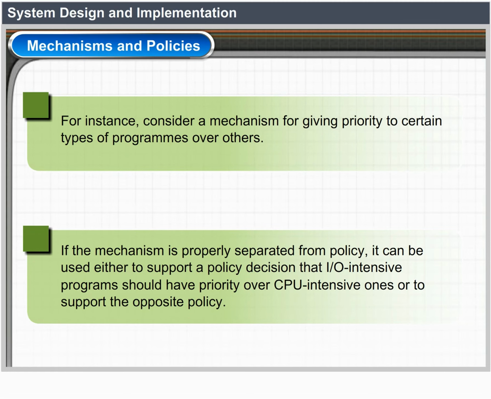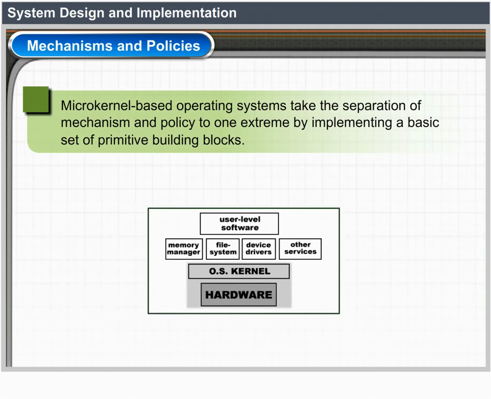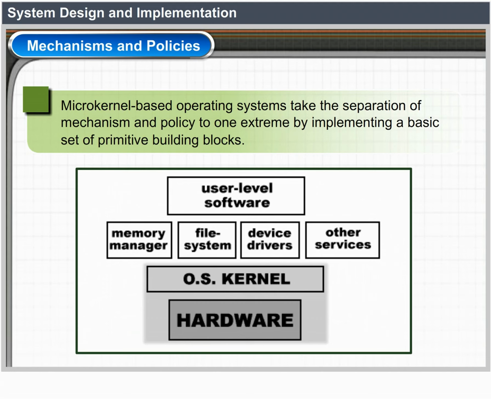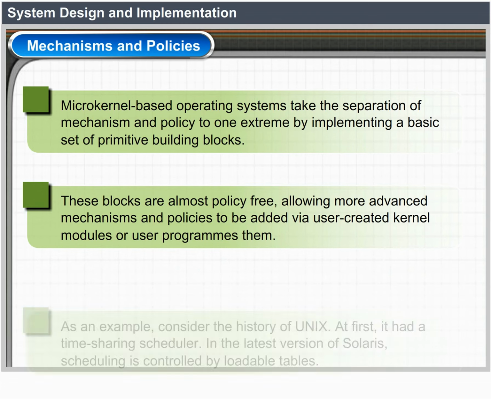Microkernel-based operating systems take the separation of mechanism and policy to one extreme by implementing a basic set of primitive building blocks. These blocks are almost policy-free, allowing more advanced mechanisms and policies to be added via user-created kernel modules or user programs themselves. As an example, consider the history of Unix. At first, it had a time-sharing scheduler.